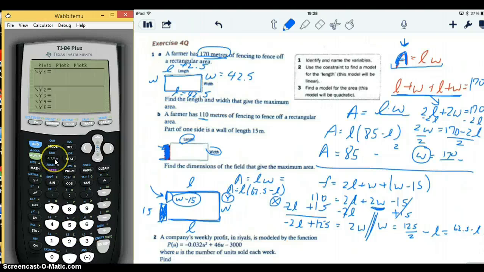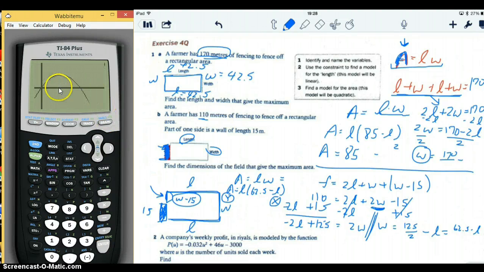We're going to substitute the x in for L and the y for A. So that's going to be x, which is the L, times 62.5 minus the x. And then close parentheses, and then we graph it.